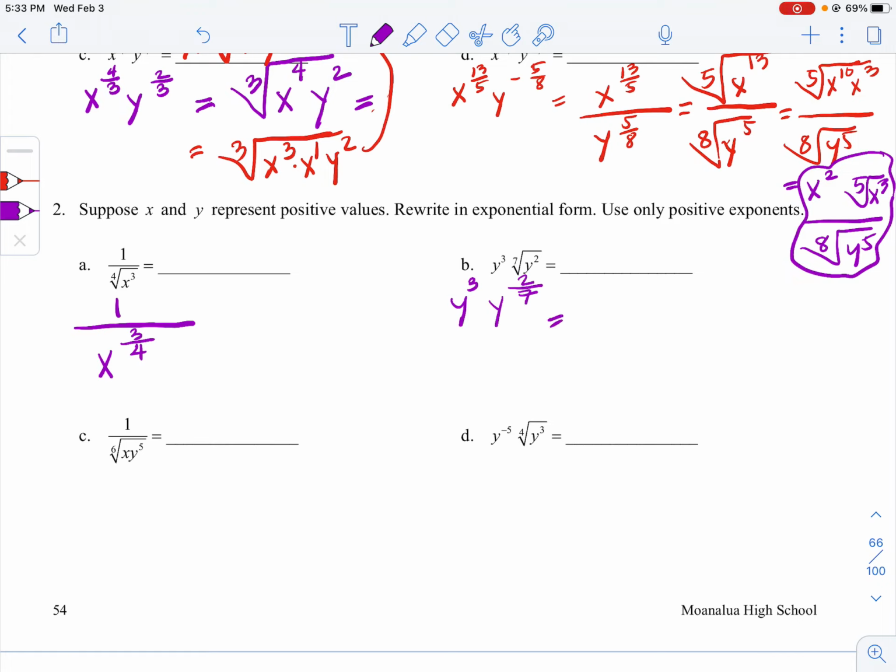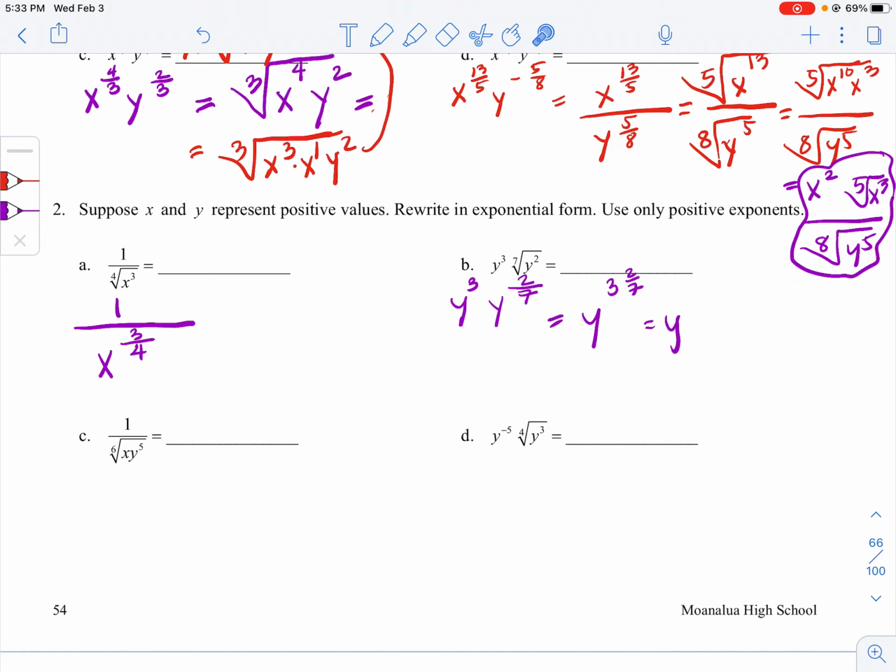And then do you remember that property that I told you earlier, that when we are multiplying two variables that are the same base, y and y, we could just add their exponent? Do you guys remember? So we add the exponent, and that is y to the power of 3 and 2 over 7. And we can convert that into improper fraction.